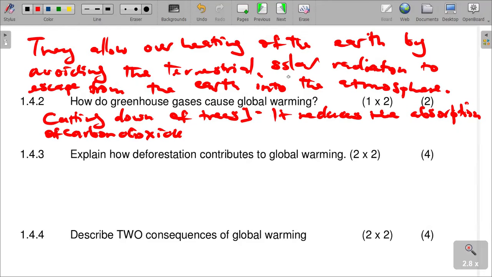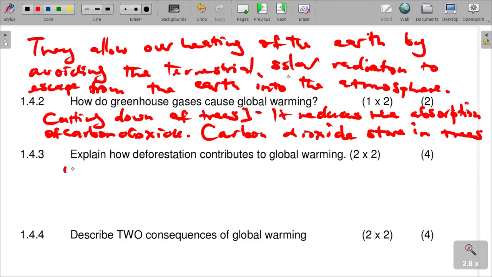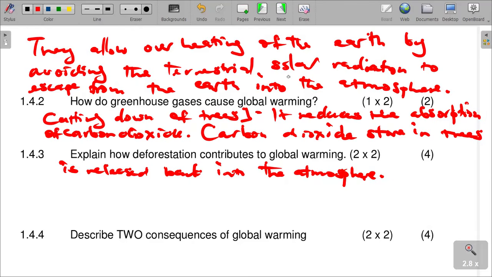And then, when trees are cut down, the carbon dioxide stored in the trees is released back into the atmosphere, which is a contribution to global warming.